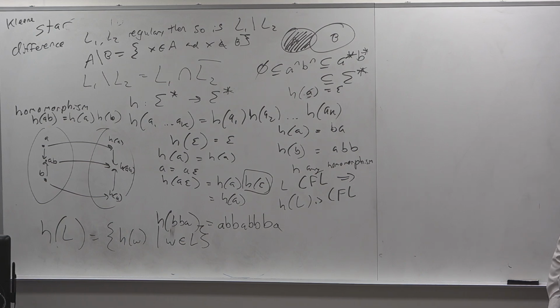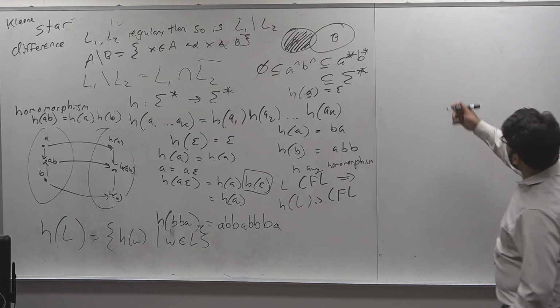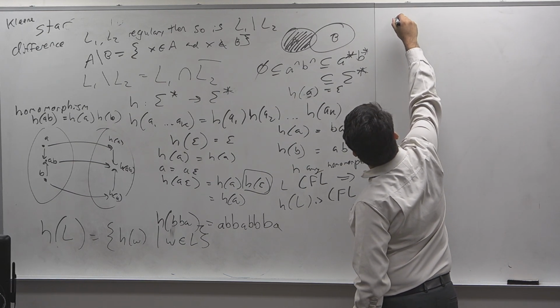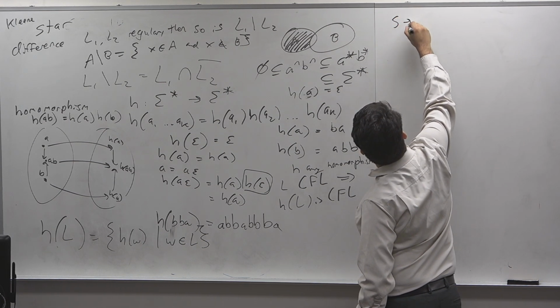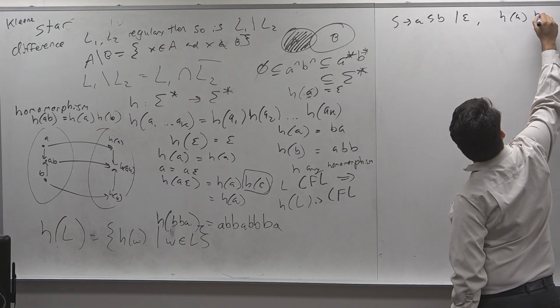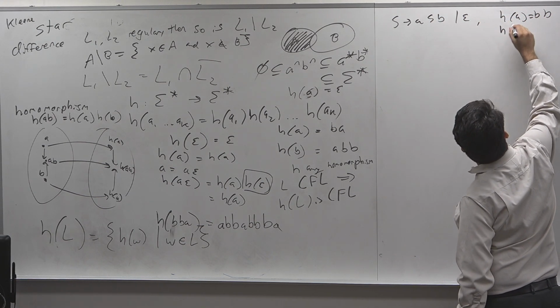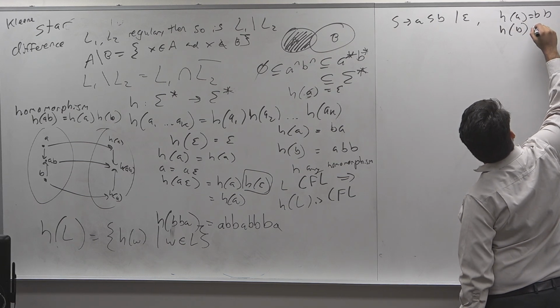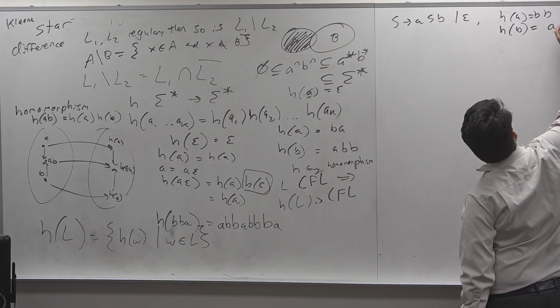Replace the terminals. QED. Suppose, for example, S goes to ASB or empty string, and let's suppose H of A was BB, and H of B was AAB.